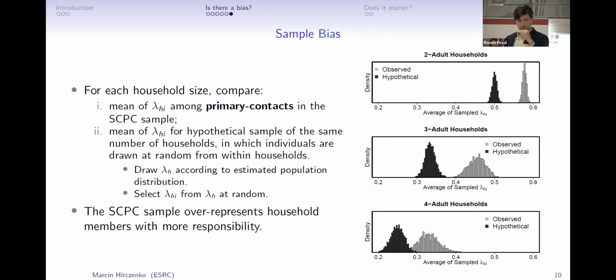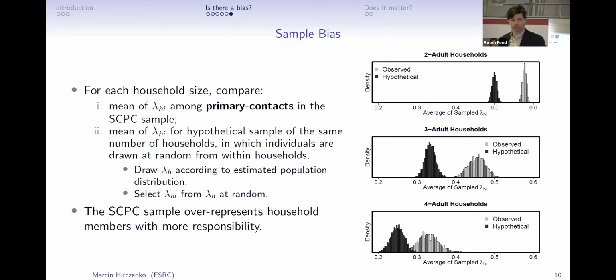We do that for each of these 3 most prevalent household sizes. The hypothetical distributions, as you would expect, are centered around 1 over the number of members. And those are shown in black.